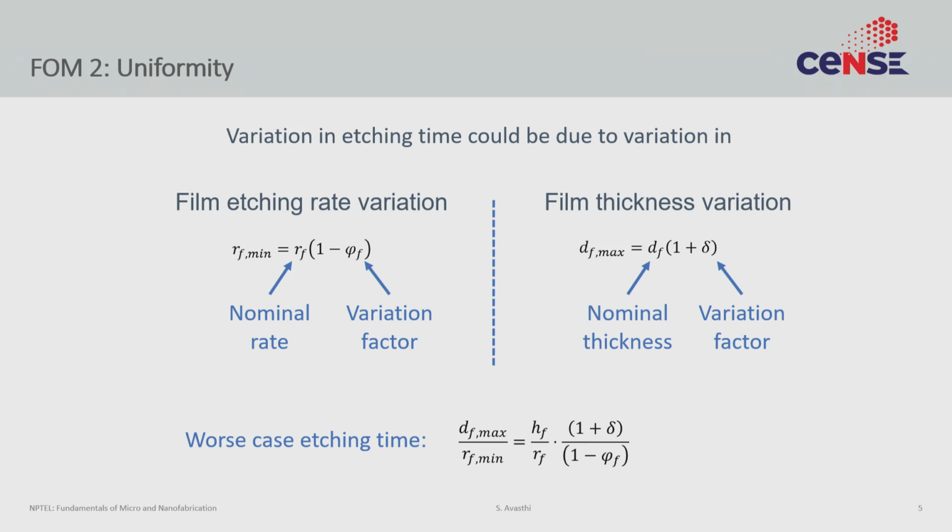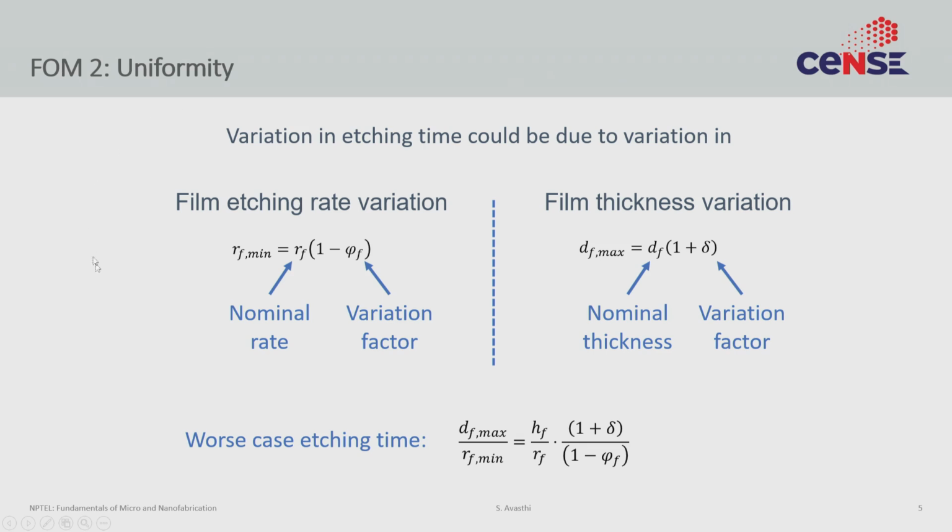So not only is the etching time varying, but also the thickness of the film being etched is varying because it is non-uniform. So both of these must be accounted for to calculate the worst case etching time. The time that you must do the etch to make sure that all the features on the film are at least getting etched to that required depth.